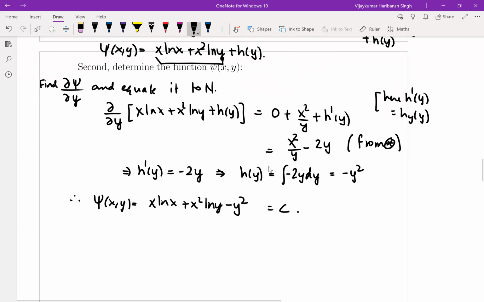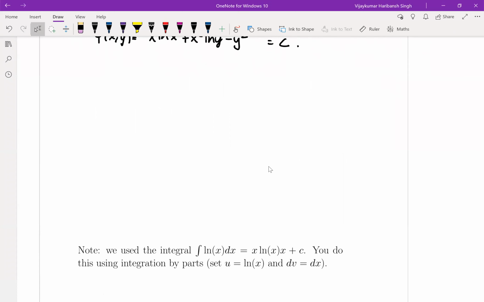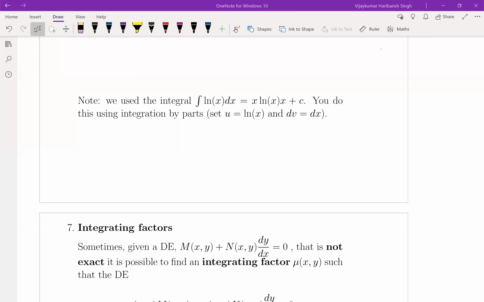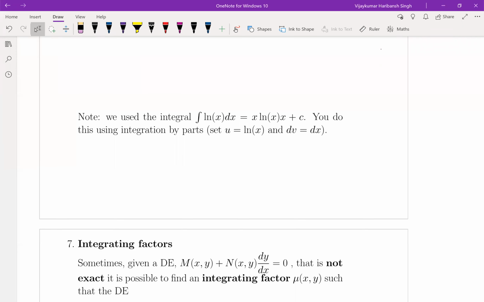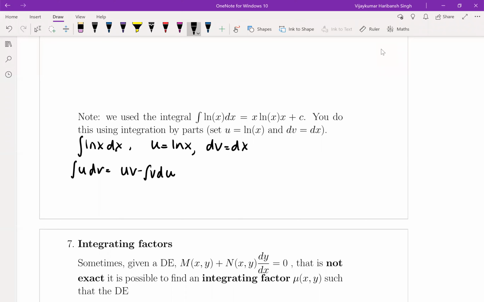Yeah. So now comes the point of integration of ln x dx. Just to recall, how did you integrate ln x dx? You can use integration by parts. So your u is ln x and your dv is dx. And recall, the integral of u dv is uv minus the integral of v du. So what is your v?